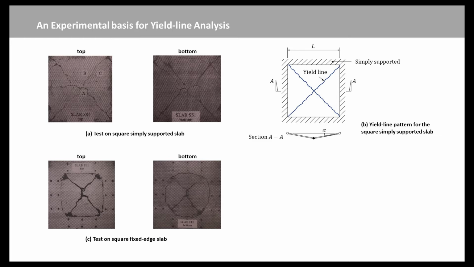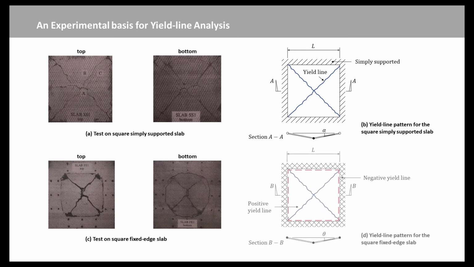The clamped edge slab is the slab equivalent of the fixed end beam, and by analogy with such a beam, moments of opposite sign would be expected at the center and around the edges of the slab. In this case, the idealized collapse mechanism is shown in Figure D.